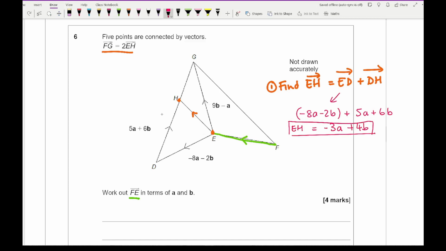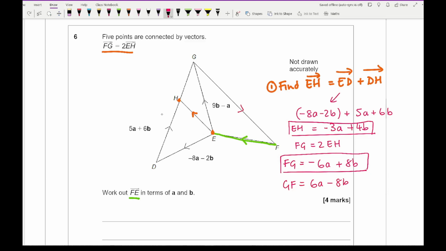So knowing that f to g is equal to 2 lots of e to h, f to g is going to equal minus 6a plus 8b. If I put a little box around that, then I can label f to g. Well, f to g is that, then g to f is going to be 6a minus 8b. So going in this direction, that's going to be 6a minus 8b.